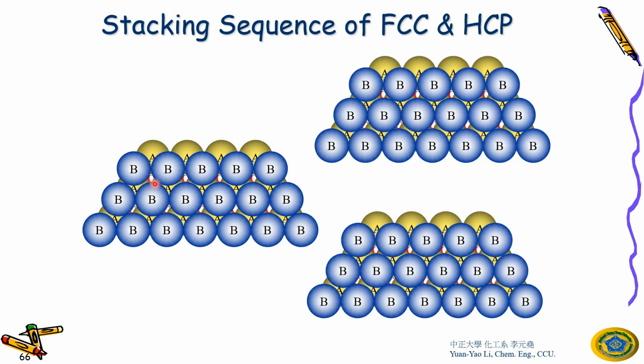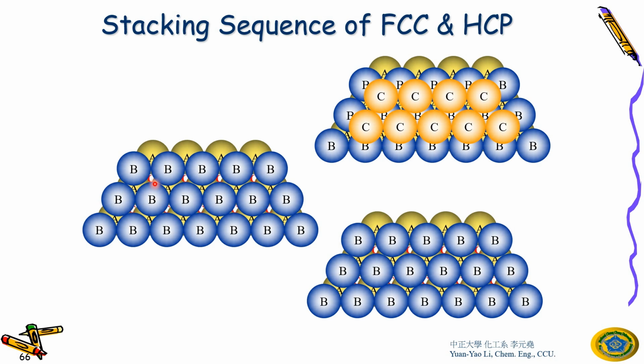If you put the atoms in the C position for the third layer, this is what we call FCC. The plane of this surface is the 1, 1, 1 plane, and the packing sequence is A, B, C, A, B, C, A, B, C. So the fourth layer puts its atoms in the A position. This is the FCC 1, 1, 1 plane.